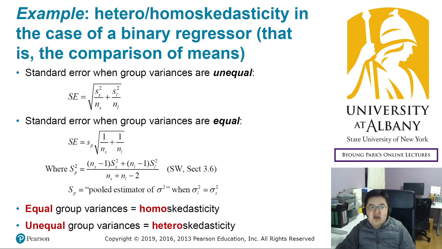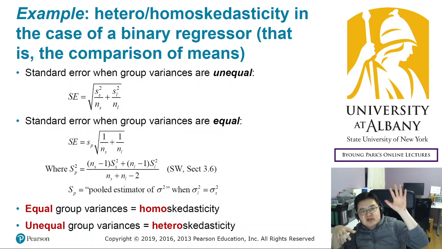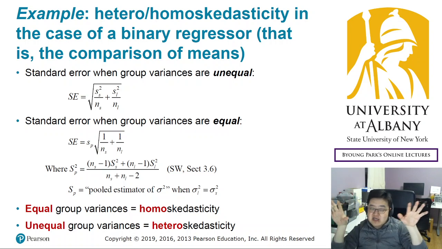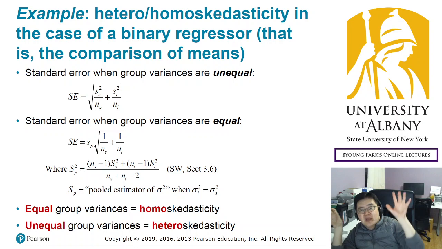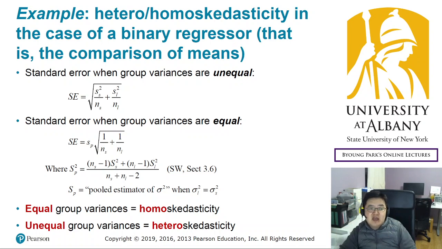Then we say the model is heteroskedastic. On the other hand, if the small class group and the large class group have the same variance of the error term, then we say it is homoskedastic.